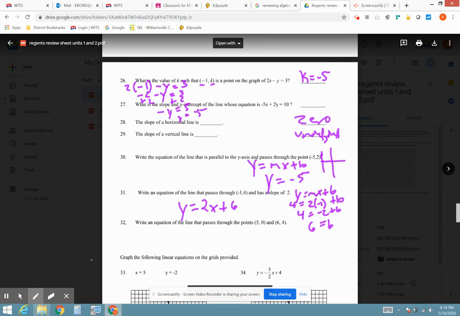So this you're going to use the slope formula, y2 minus y1 over x2 minus x1. So you have y equals 4x minus 20.